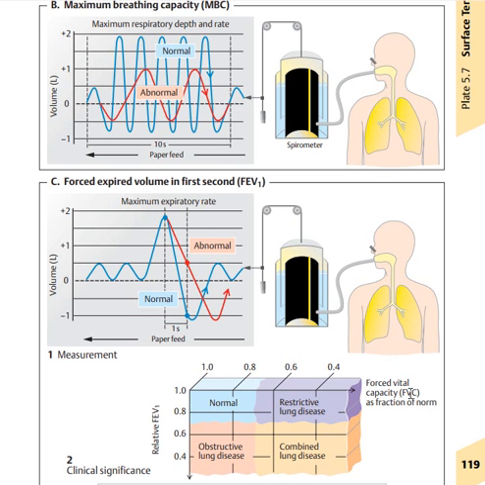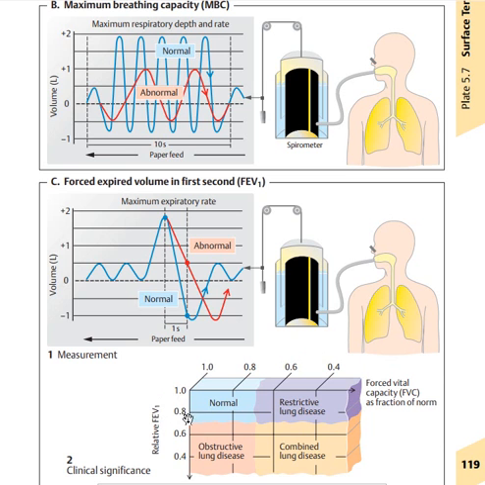Now we see that in cases of restrictive lung disease, the ability to expire is increased and the forced vital capacity is going to be low. So in restrictive lung disease, you are going to have a greater forced expiratory volume and a lesser forced vital capacity.